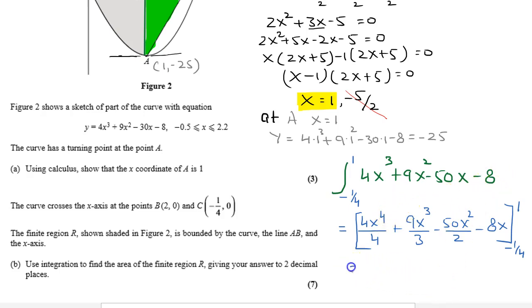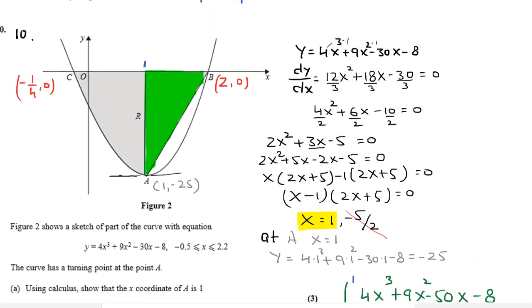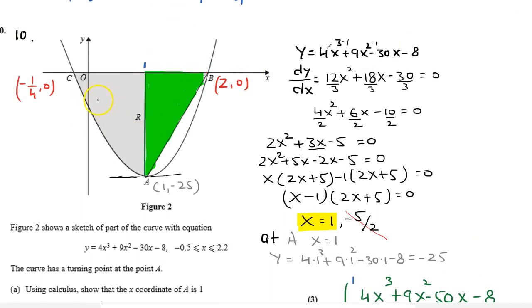So if you calculate it, you put the value of x as 1 first, then minus 1 over 4. So you will get 20.02. So this area is 20.02 between the x-axis and this.